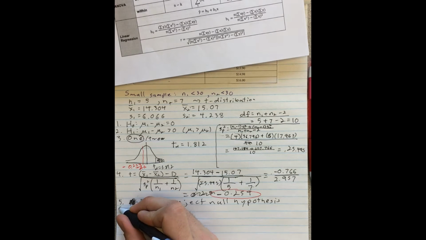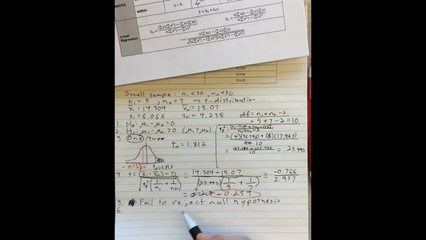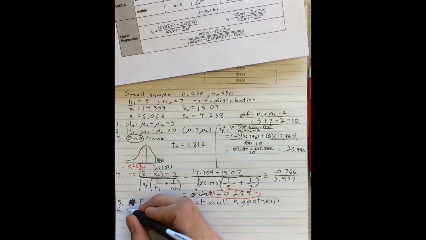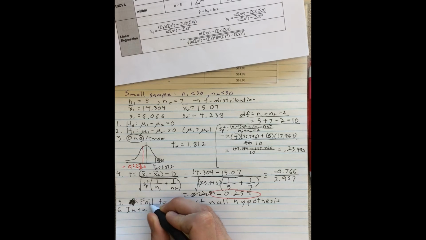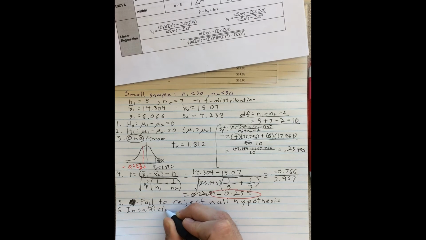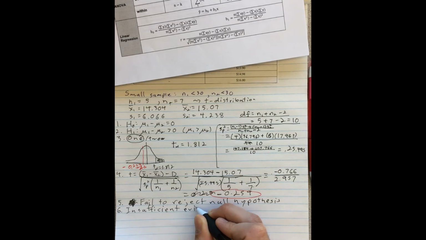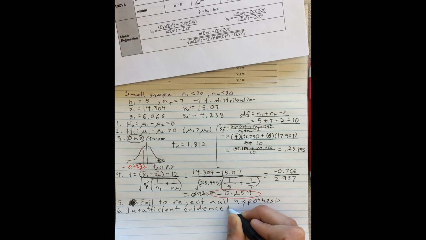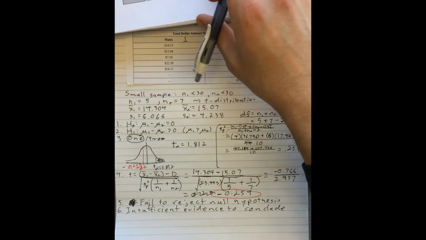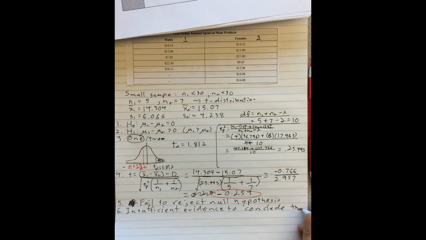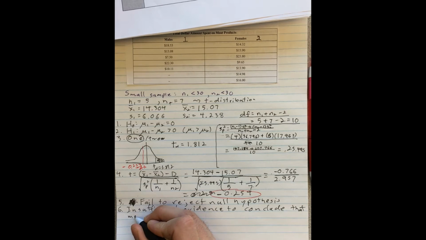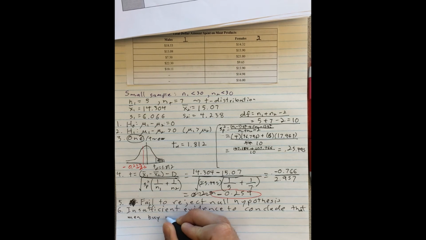And it's kind of topsy-turvy here when you go from 5 to 6. What this means, though, is we failed to reject it. So what we're saying is that there is insufficient evidence to conclude that men buy more meat than women.